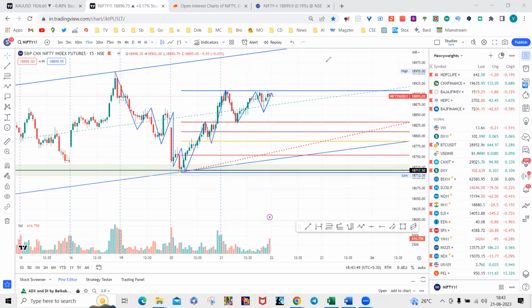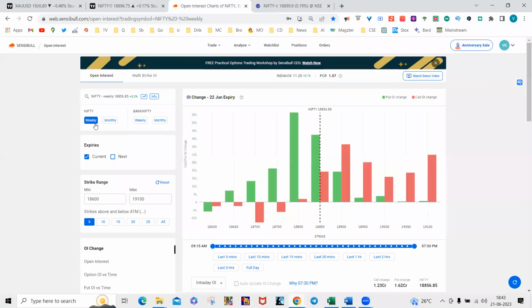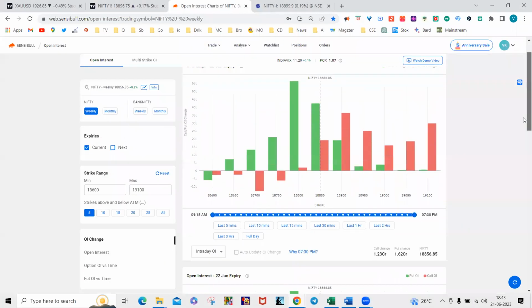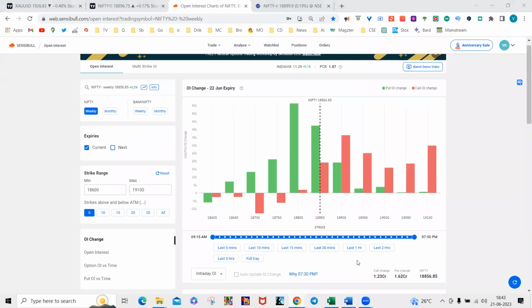Looking at the open interest today, we find that at 18,800 massive support has been added. 18,800 is a strong support. You can see call unwinding as put writing increased. Also, 18,850 has emerged as another area of support, but hardly any resistance we can see on the upside.